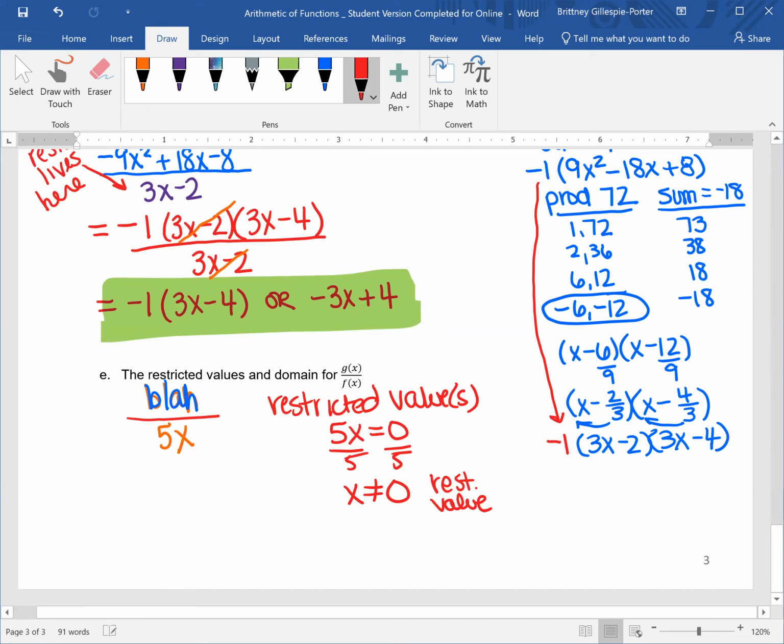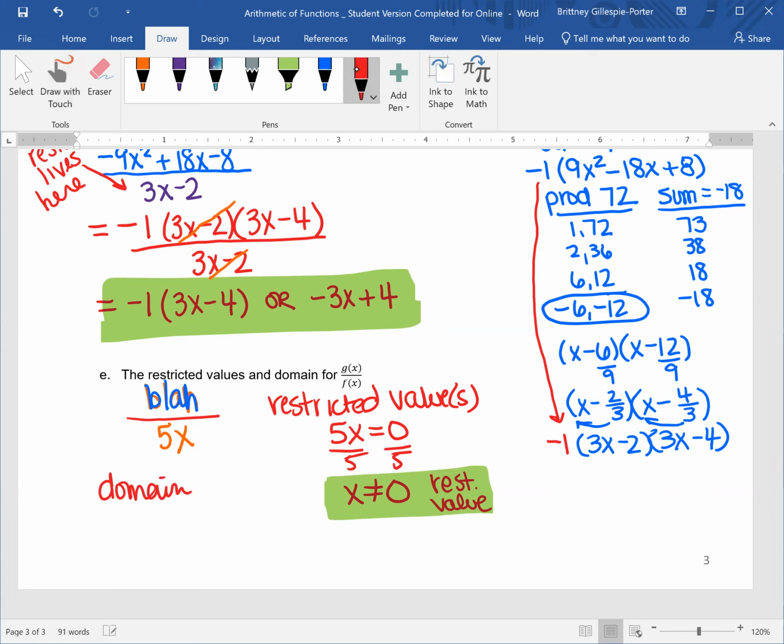We need to find the domain still, which means that we are going to be going to our friend, the number line. So the domain in interval notation, you don't have to do the number line, but if you're not quite sure, you just want that visual reinforcement, go ahead and do it. Our first part is negative infinity to 0.